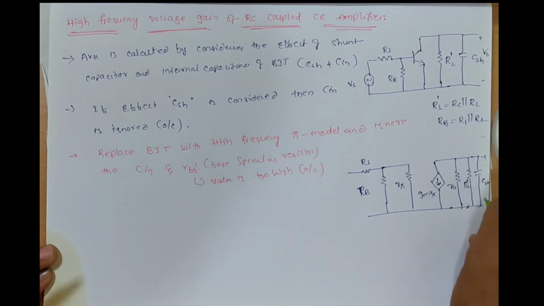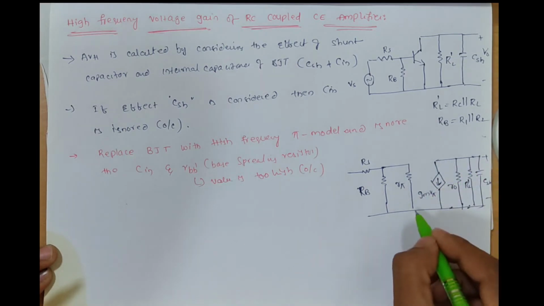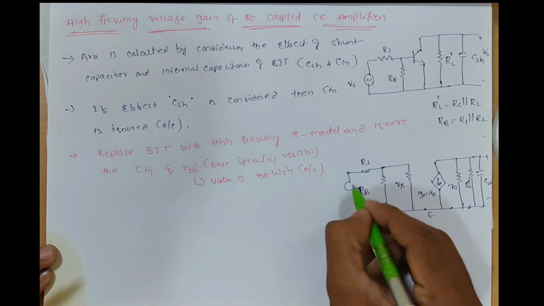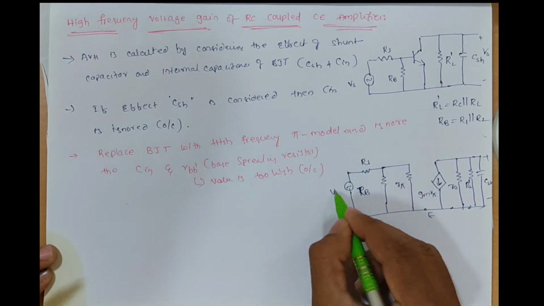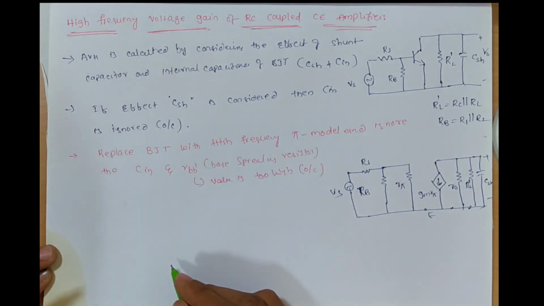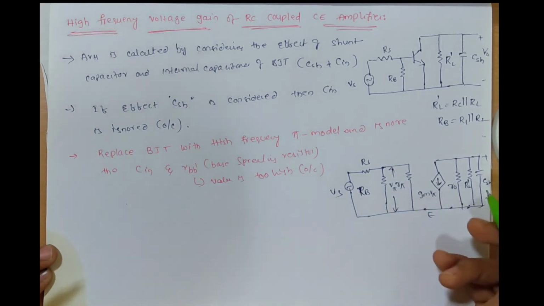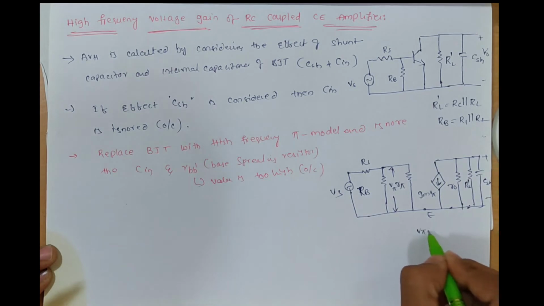The output is taken across the CSH. This is VS, and this voltage is VI, which equals V pi.